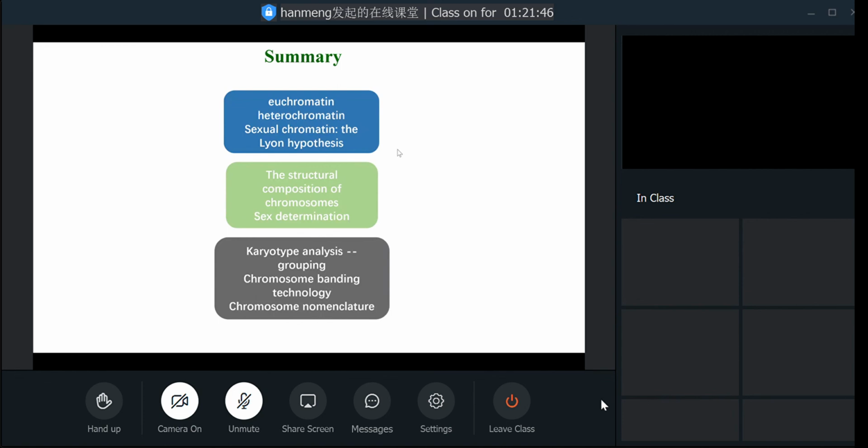And in the chromosome, we learned the structure and composition of the chromosomes, and how a chromosome is composed, from the nucleosome to the solenoid, the chromatin fiber, then the chromatid. Then we should know the sex determination of humans is the XY type. After class, you should search for other sex determination types.